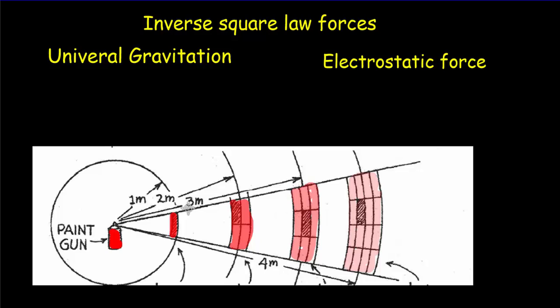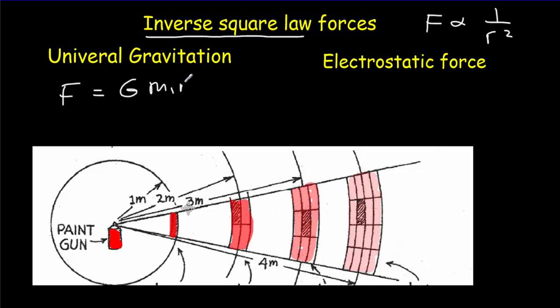So Coulomb's law is an example of what we call an inverse square law. That just means that the force is going to vary as 1 over the separation distance squared. This turns out to be very common in nature. We get it in universal gravitation, where the force is equal to a constant times the product of the two masses.